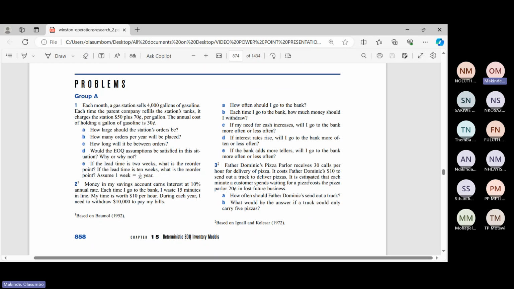So who can tell me what is our D here? What is our D for this problem? How often should Father Dominic send out a truck? What is our D? The D, let's see what you are saying.